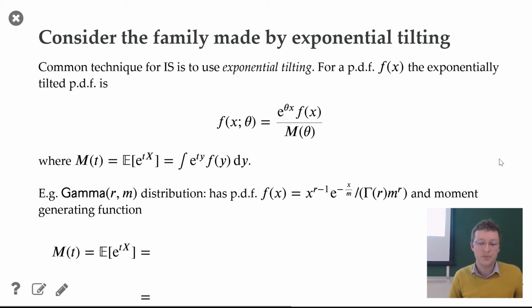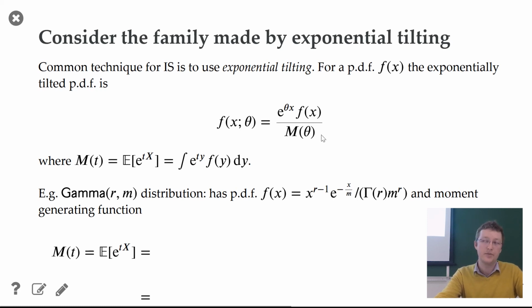So when you take any density f, you can create a whole sequence of new densities from it, the exponentially tilted densities. So I'll call the exponentially tilted one f of x given theta. Theta is the tilting parameter, and it's defined by e to the theta x multiplied by the original density.